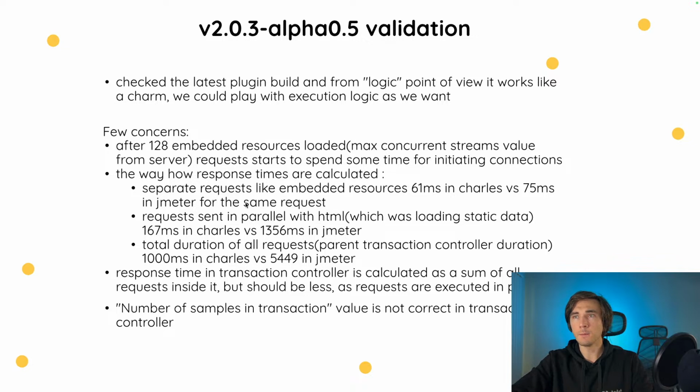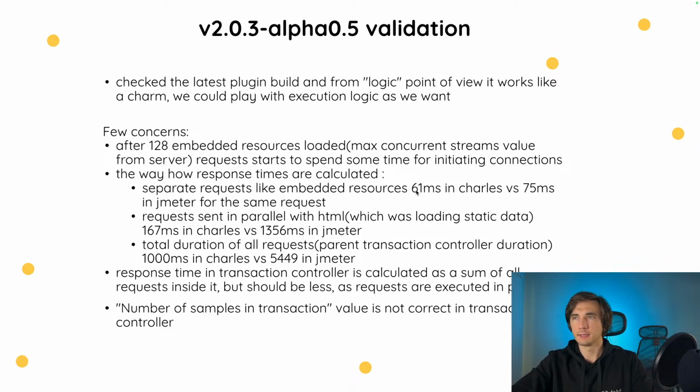And if you compare, I compared some resources in Charles, it's 61 milliseconds, in JMeter it's 75. Some requests which are sent in parallel with HTML, like some dynamic calls, were 167 milliseconds in Charles and 1.3 seconds in JMeter.